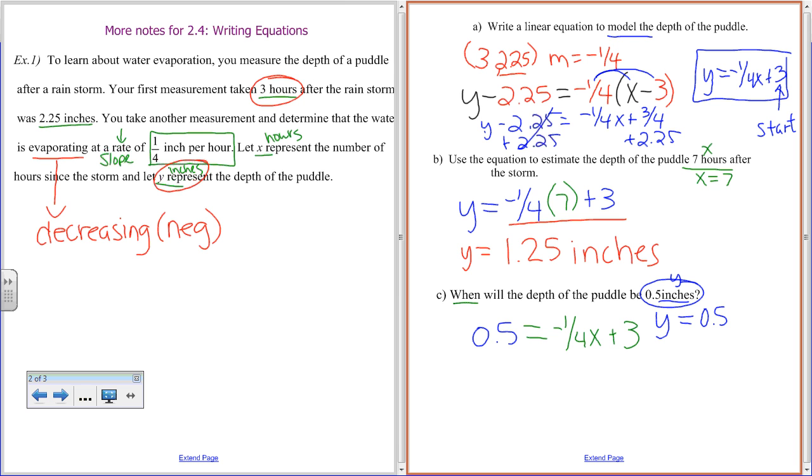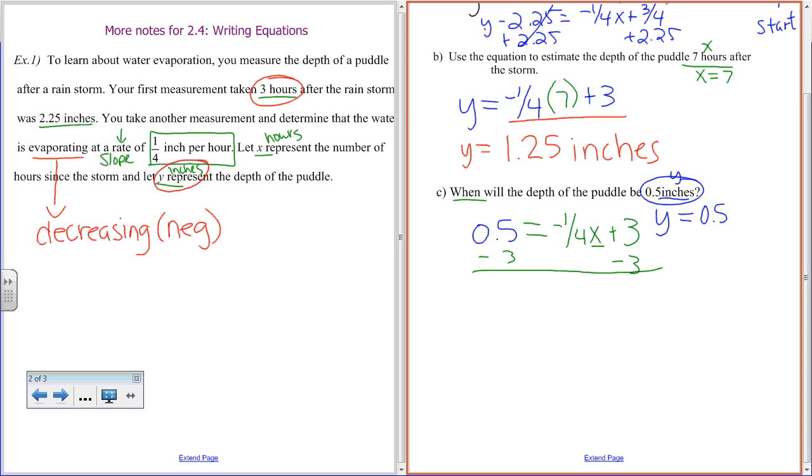Now I'm solving for a when, so I'm solving for a time. So I'm going to solve for x. Subtract 3 from each side. I get negative 2.5 is equal to negative 1/4 x. I need to divide by negative 1/4. Looking pretty good so far, because a negative divided by a negative is a positive.